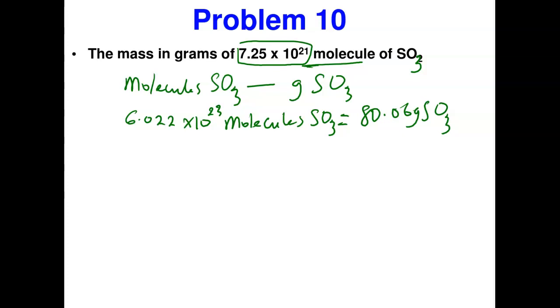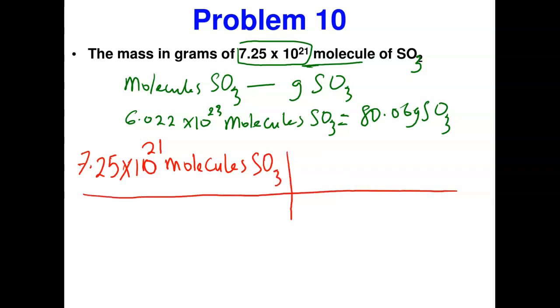Again, we start from what we were given. We were given this one, 7.25 times 10 to the 21 molecules of SO3. That's where we start from. And again, you can draw your line. And then we want our molecules to be down. So I'm going to put the molecules here, 6.022 times 10 to the 23 molecules of SO3.